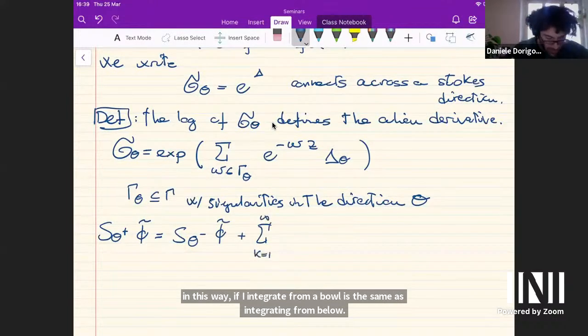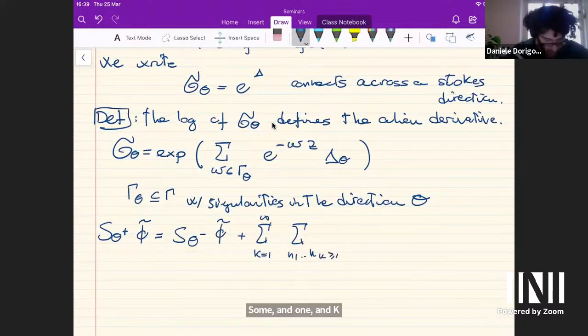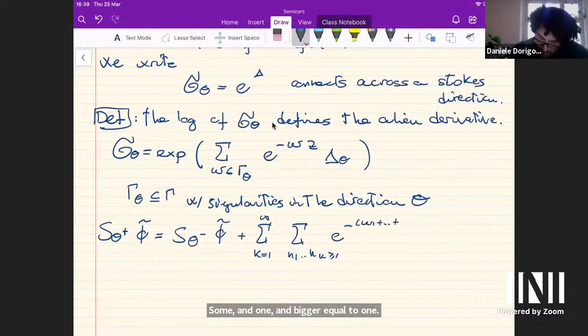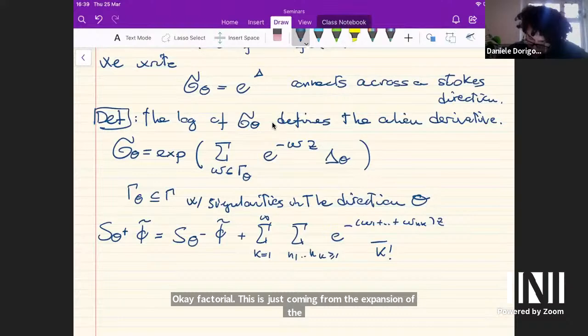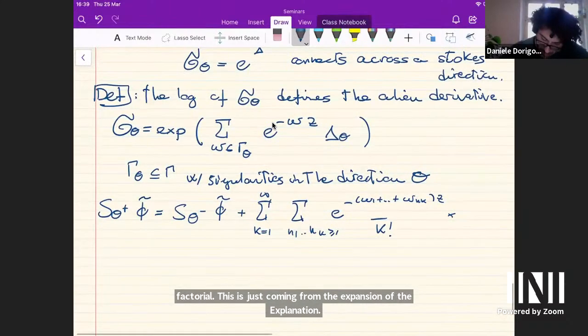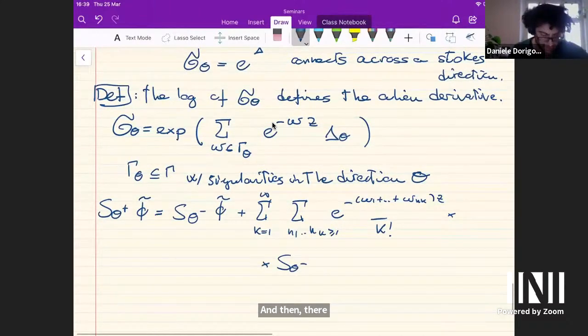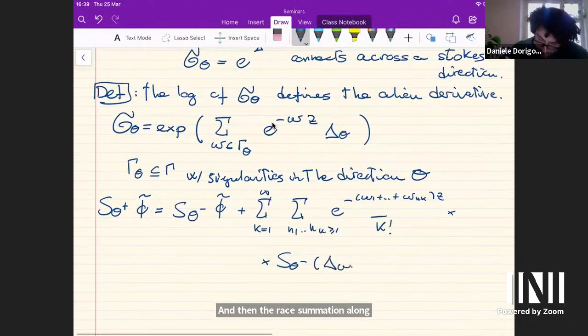Sum from 1 to infinity, sum over n1, ..., nk bigger or equal than 1, e to the minus (omega n1 plus ... plus omega nk) z over k factorial. This is just coming from the expansion of the exponential. And then the resummation along the direction minus of all these alien derivatives, which I haven't told you yet what they are.